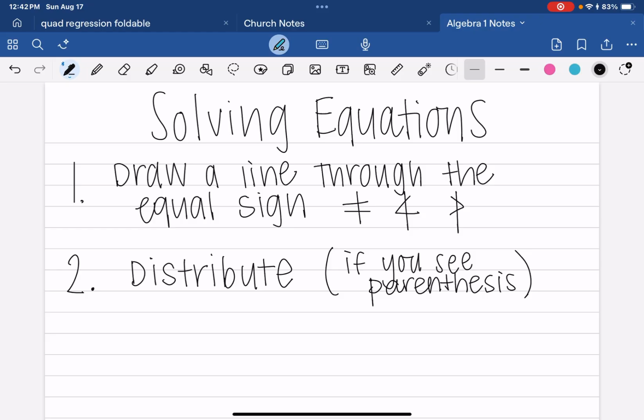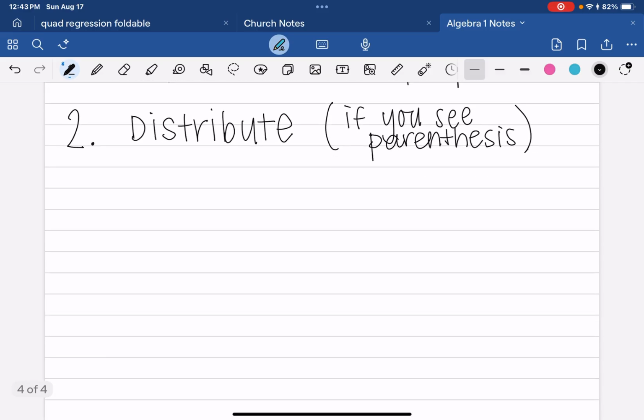So when we are solving equations and when we are simplifying equations, your first 2 steps are the same regardless. If I see parentheses, whether I have an expression or an equation, I still need to do that first. So remember, when I distribute, I make sure I multiply everything outside the parentheses to everything on the inside of the parentheses.